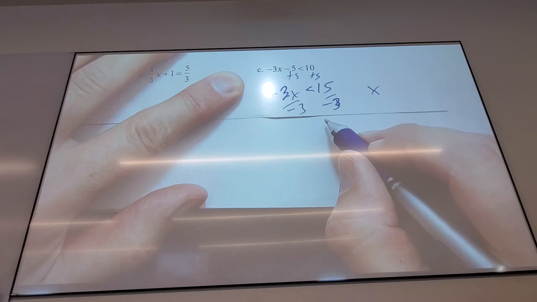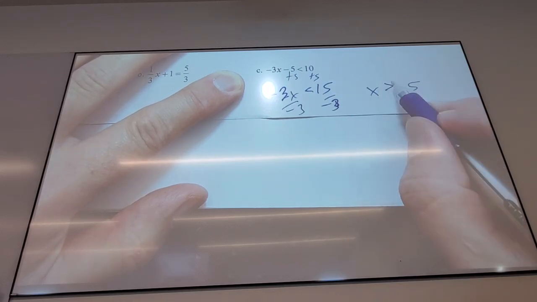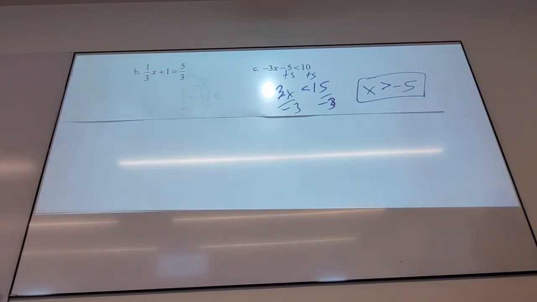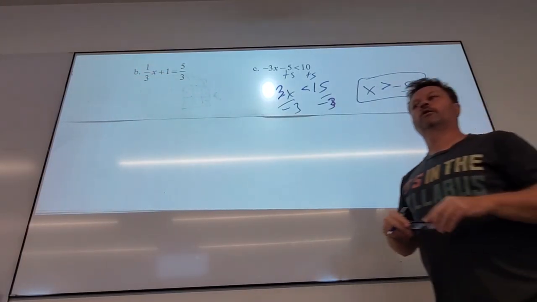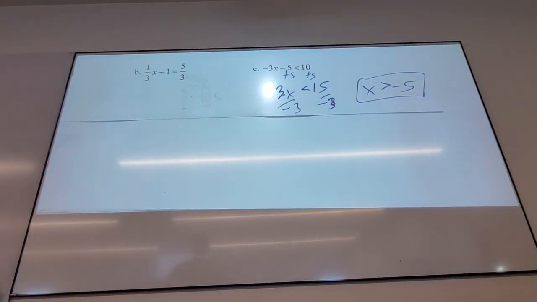Yes, so my sign has to flip. People will flip it if they just see a negative somewhere. No. You have to divide or multiply by a negative. And then the sign flips.